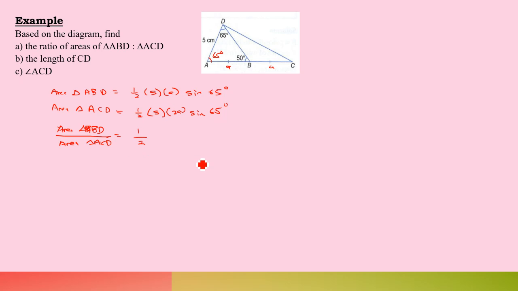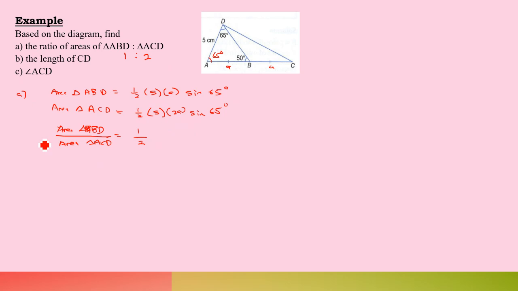I just skipped steps. You can see everything is the same: the length 5, all the angles are the same. So the ratio is 1:2. When you write a ratio, you always write it as 1:2, because they ask you to give the ratio. Okay, so that answers your part A.